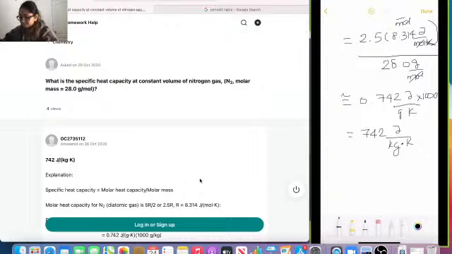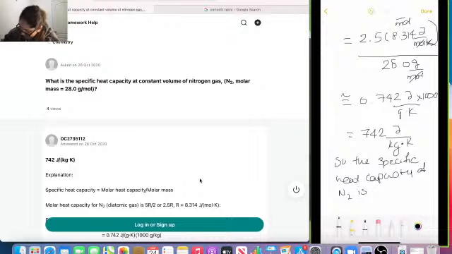So the specific heat capacity of nitrogen gas is 742 joules per kilogram Kelvin.